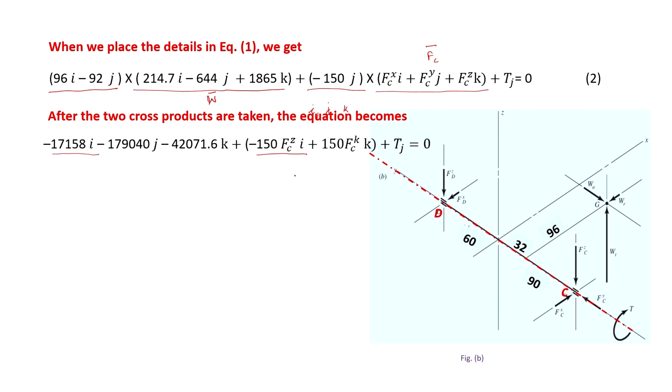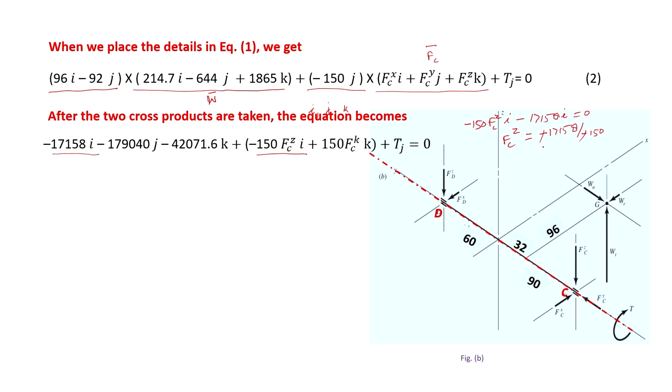It means minus 150 Fcz minus 17158 i is equal to 0, and so this i and i will be cancelled. We will have Fcz is equal to minus 17158 divided by minus 150.